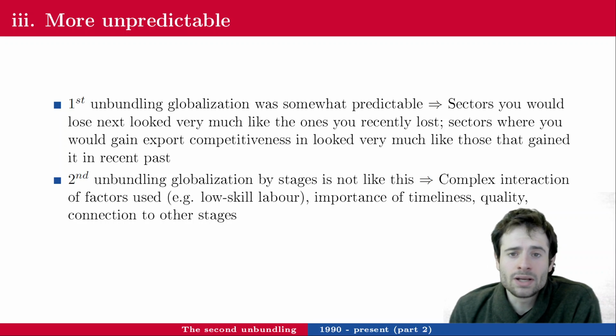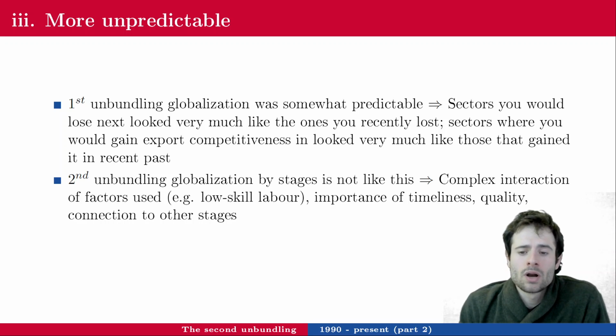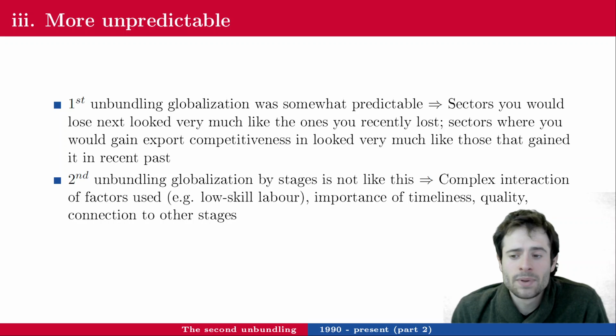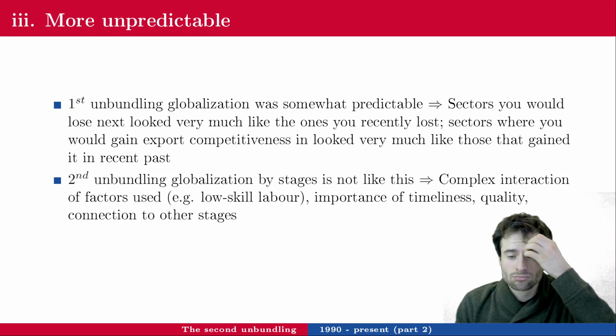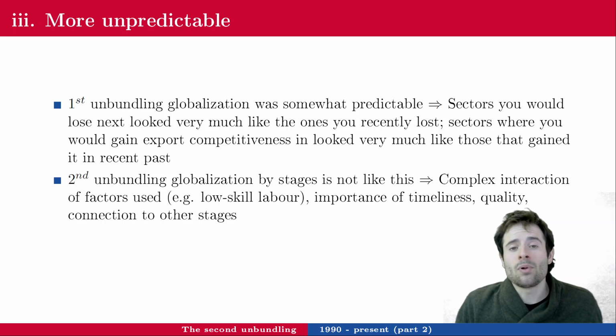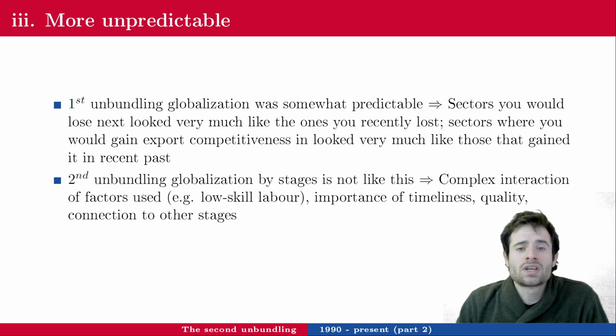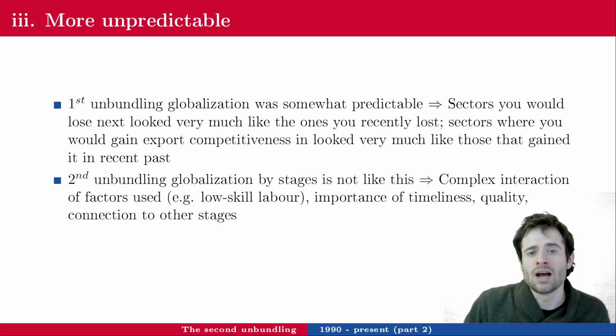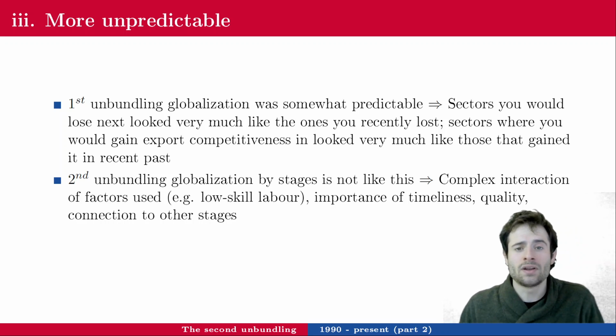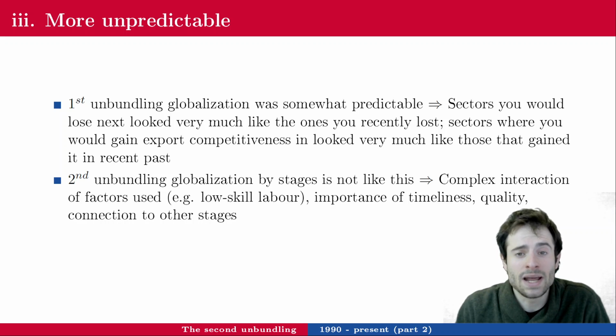With the second unbundling, things are way more unpredictable because of the complex interaction of factors used. For example, you might need low-skilled labor in one industry, and suddenly that low-skilled labor might be needed in a very different industry that you might not expect to be related.